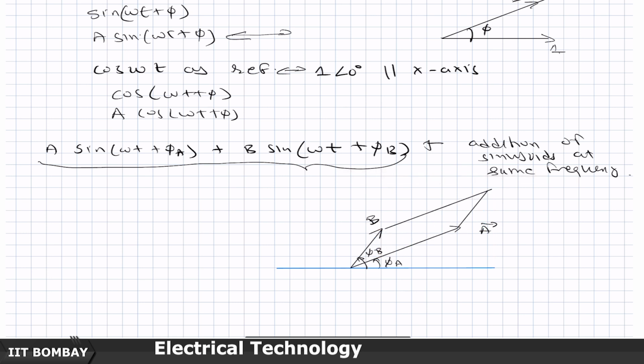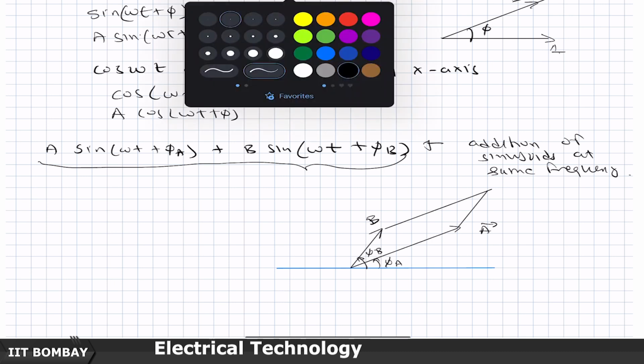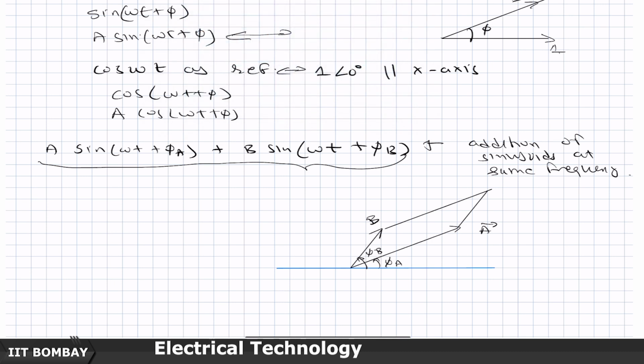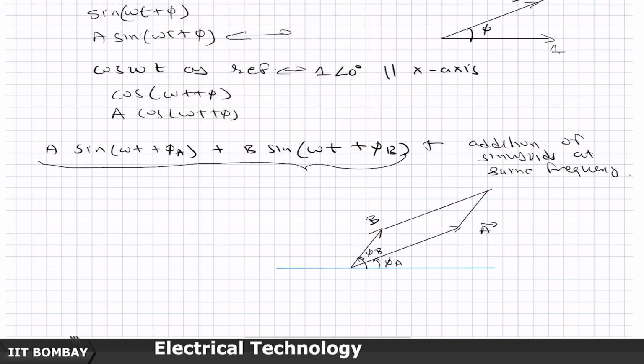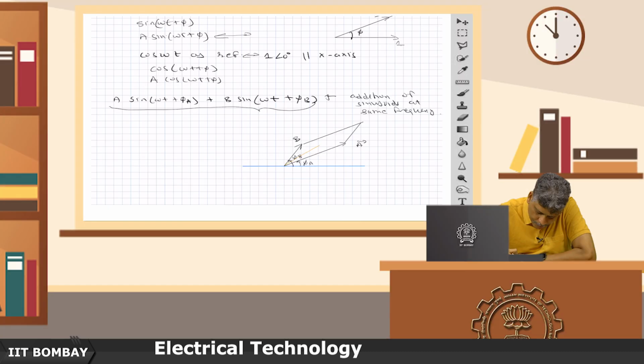We complete this parallelogram, and the resultant vector here is the vector sum of the vector a plus b.